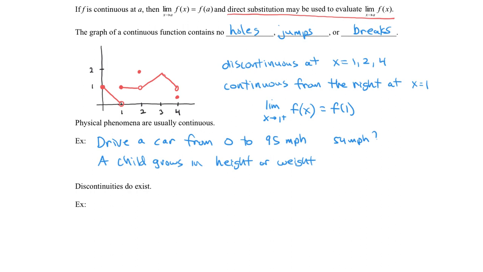Well, doesn't that mean at some point your child would have been 3'3" on the way to getting to 4 feet? So these are the kind of things we study, and this can be modeled really well with continuous functions, which is why we're going to study calculus. Or actually, we already are studying calculus. And of course, discontinuities do exist. So a really easy example is an electric current.